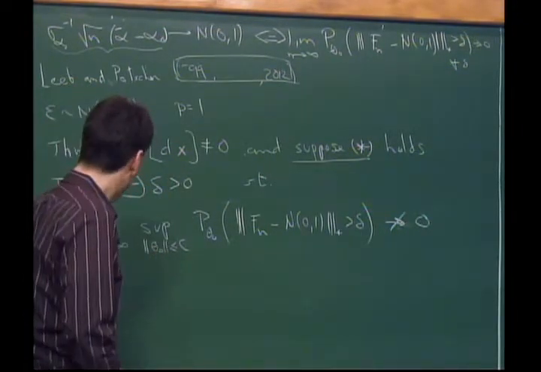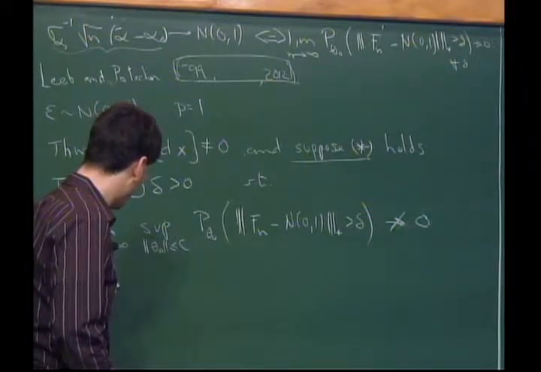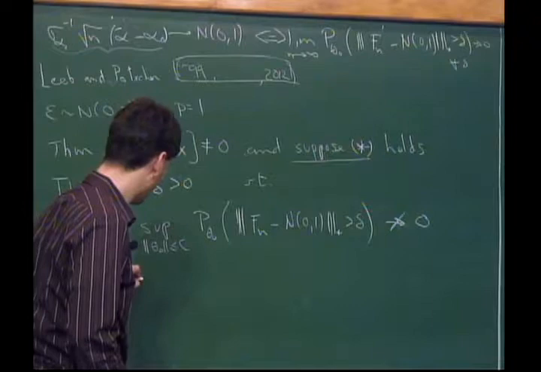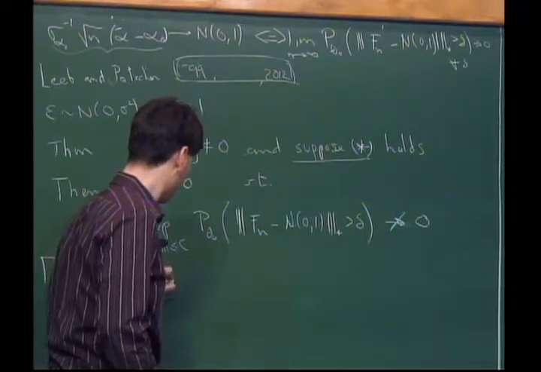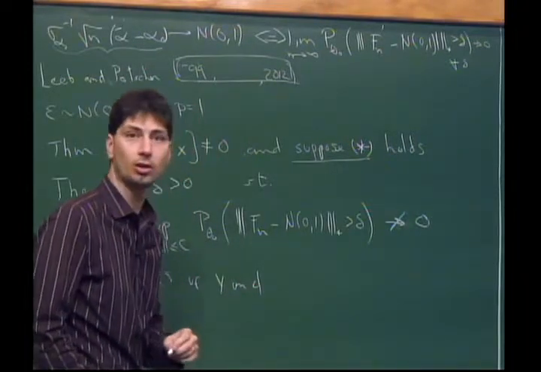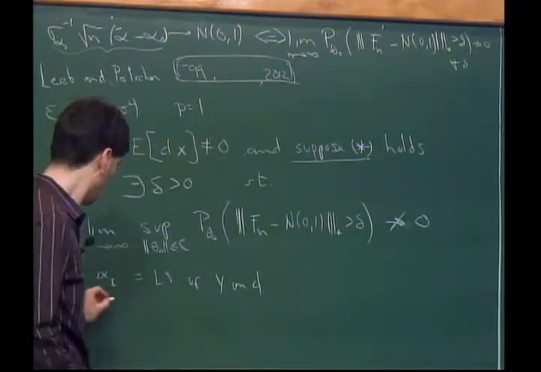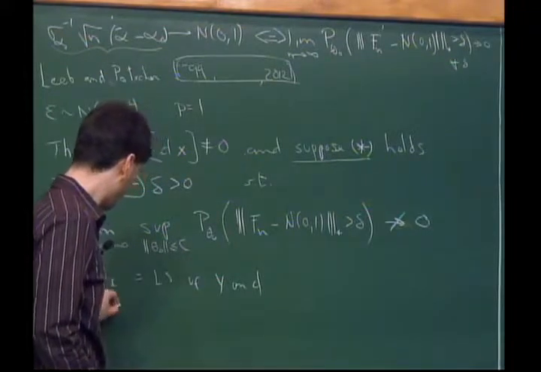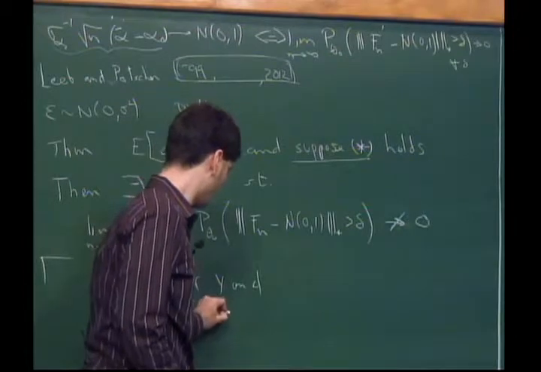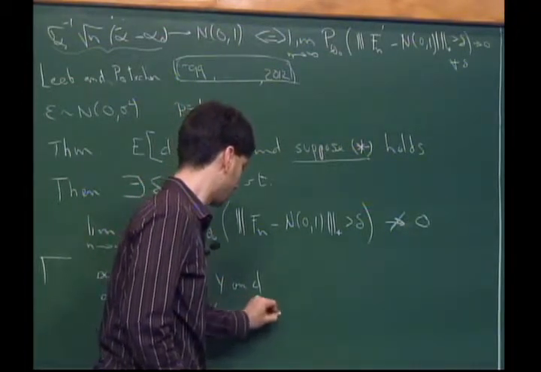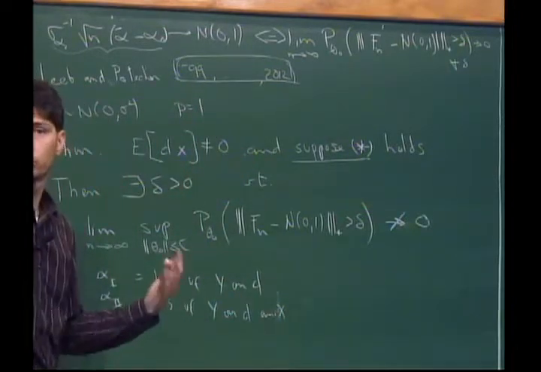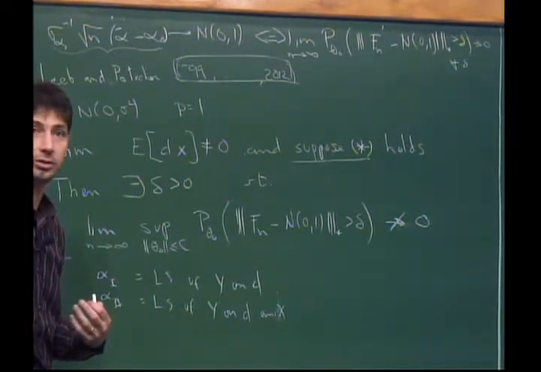Either I have an alpha hat 1, which is computed as the least squares of y on d alone, if I did not add the variable, or I have alpha hat 2, which is the least squares estimator of y on d and x. That's the two possible models for every data generating process.